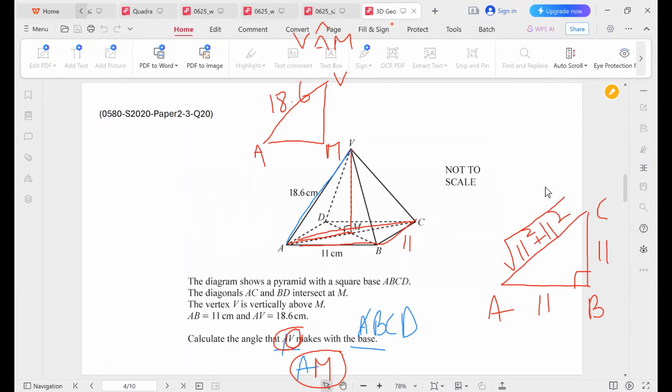The root of 11 squared plus 11 squared gives us 15.56. Now that we have AC, we can get AM. AM is equal to half multiplied by 15.56, and the answer is going to be 7.78.